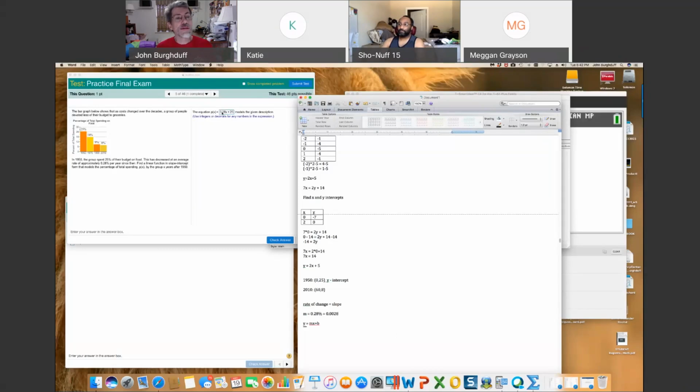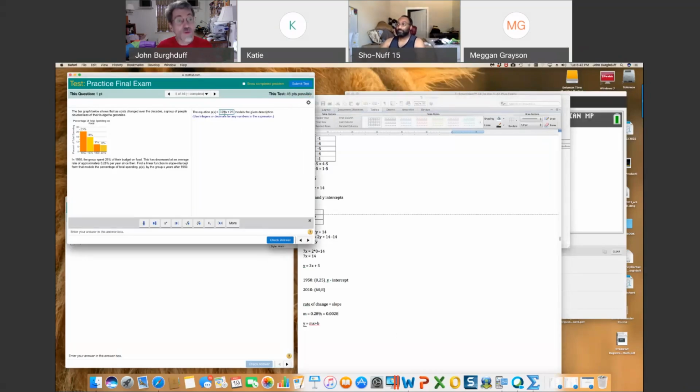So that would make it 0.0028, and then 25% would be 0.25. So 0.25 is the y-intercept as converted into a decimal, and the 0.28% converted to a decimal would look like that. Let's see if that makes them happier.